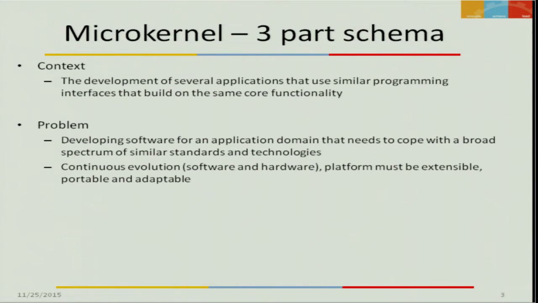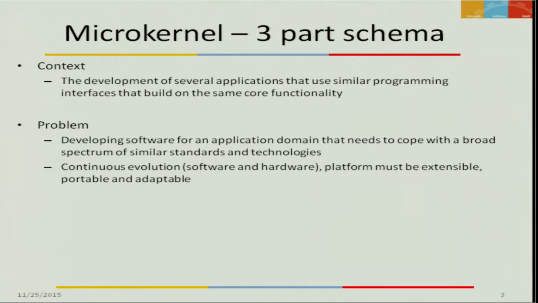Essentially, we need to build software for a particular application domain, and this software should be adaptable enough, which is why the microkernel is called a part of adaptable systems. The main requirement is that there is a broad set of standards and technologies, and the software we are going to build needs to address those similar standards and technologies.